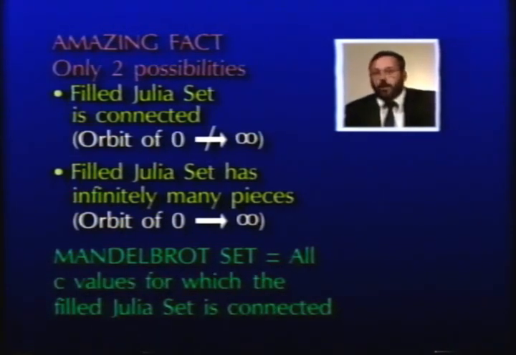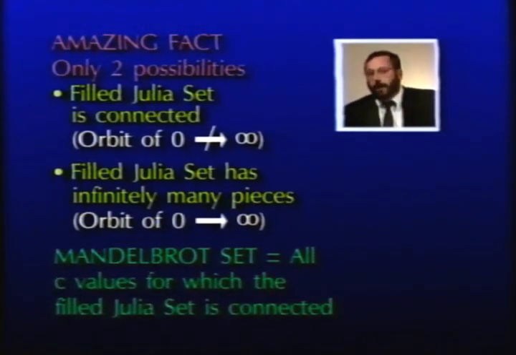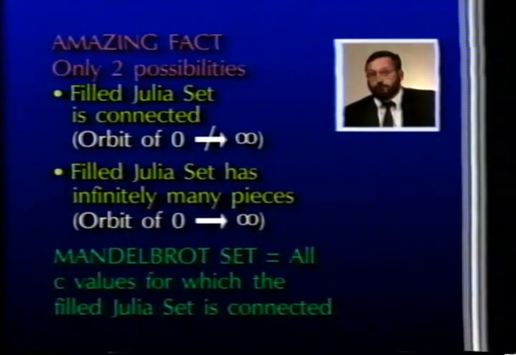So black points correspond to the filled Julia set, colored points correspond to the complement of the filled Julia set, and the coloring gives us the rate of escape of that point to infinity. So let's choose a C value from the Mandelbrot set. Suppose we choose a C value just about here.